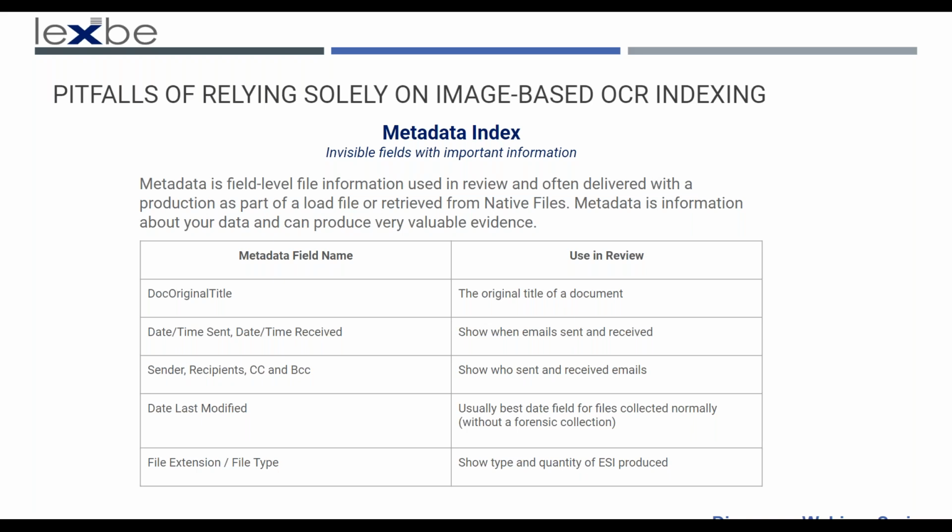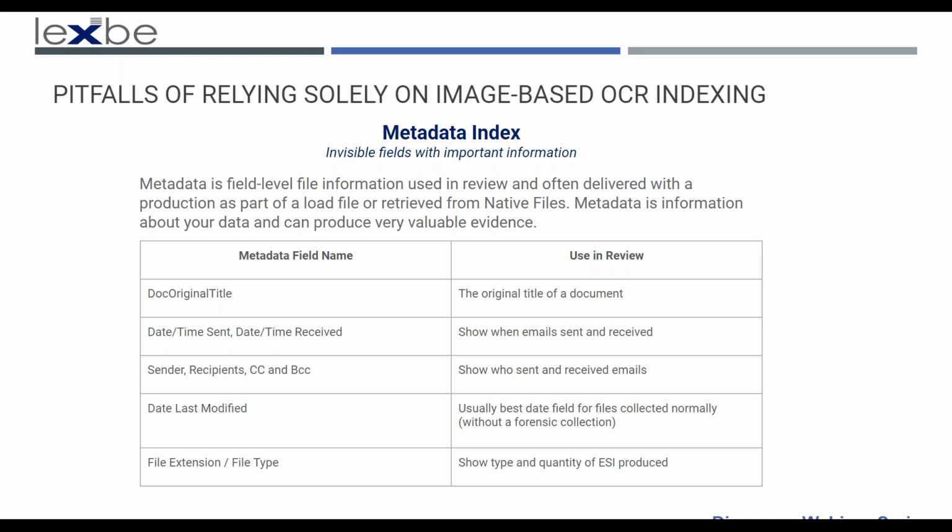So here are just a couple of examples of metadata that's extracted from your documents in an eDiscovery platform. We have the doc original title, so that's going to be the original title of a document before it was renamed by anybody. And then we have, of course, all the date and time fields. Those are very important to show when emails are sent and received.